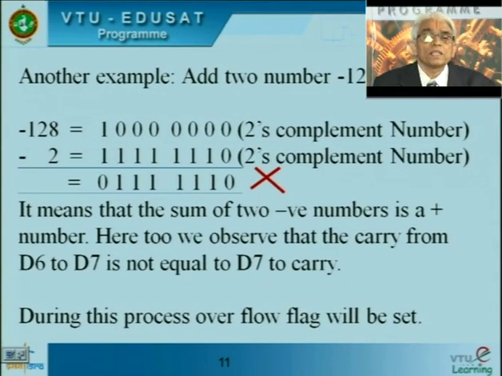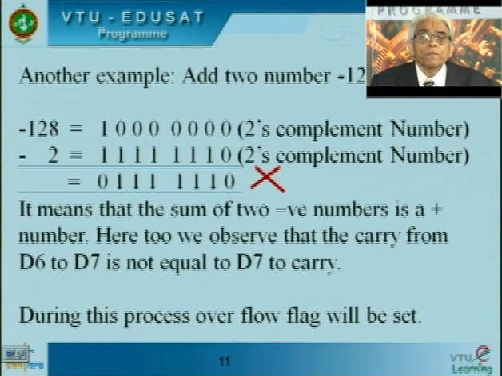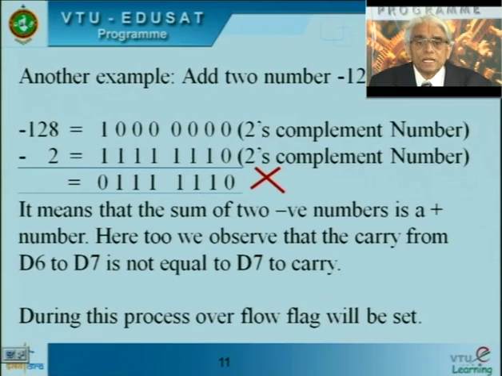The result we get is 0 1 1 1 1 1 1 0. The result is basically a positive number looking into the sign magnitude number. What does it mean? It means that there is some problem in this solution also, and looking at it closely, we see that the carry coming from the D6 bit to D7 is 0, and from D7 to the carry flag is 1.